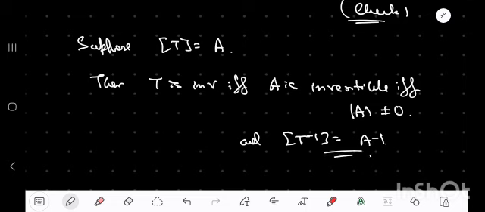So to check whether a linear transformation is invertible, take the standard basis, find its matrix, and check whether the determinant is non-zero. If it is non-zero, then the matrix is invertible, hence the transformation itself is invertible. That's the best way to check.